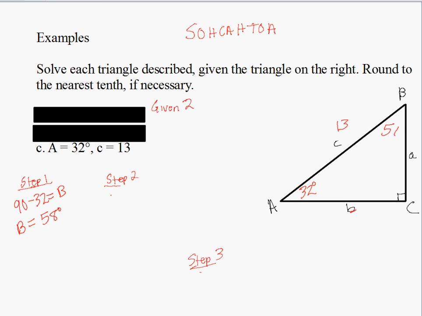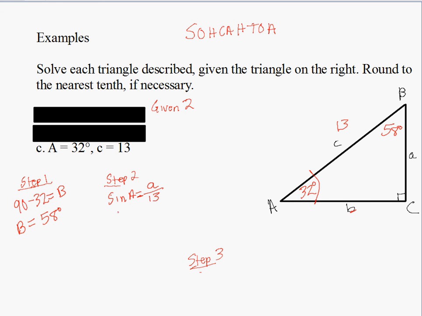So put 58 there. Step 2, use the angle that you were given in the problem. And this is hypotenuse, so we can use either sine or cosine. It does not matter which one you use. I'm going to just use sine. So sine of A is equal to the opposite, which is A, over 13.